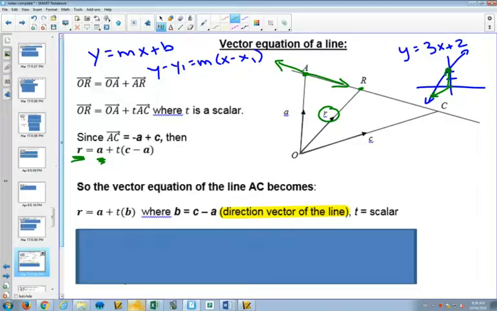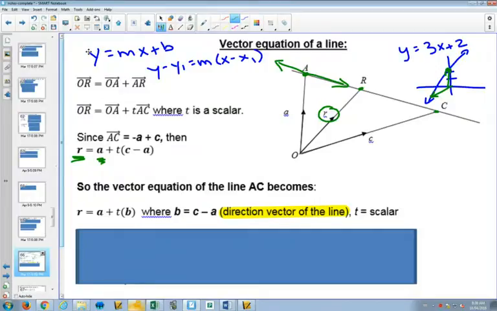In other words, we're going to need to know what the slope of that line is. If we can find the slope of that line, we can basically say that's its direction vector. So if we had another point on our line like point C, then you could do negative a plus c to get the direction vector, which is basically like our slope.